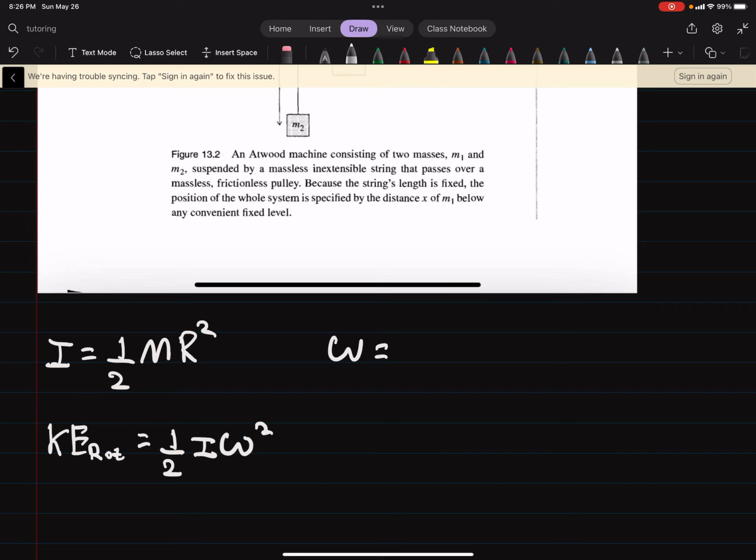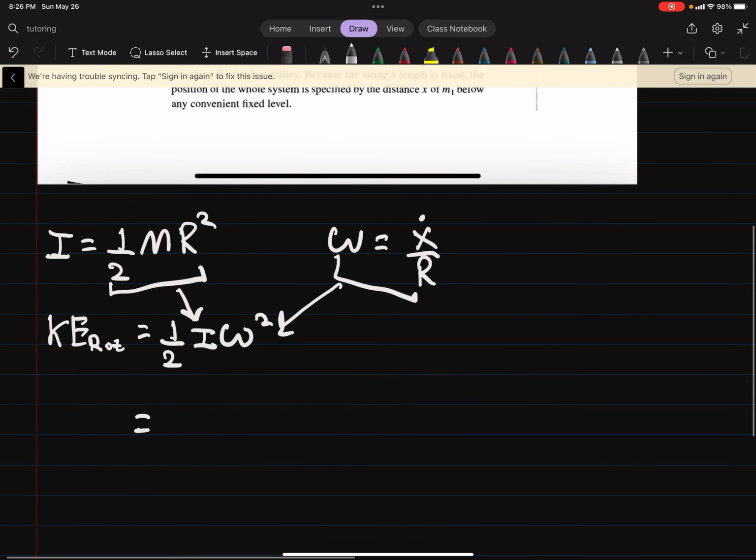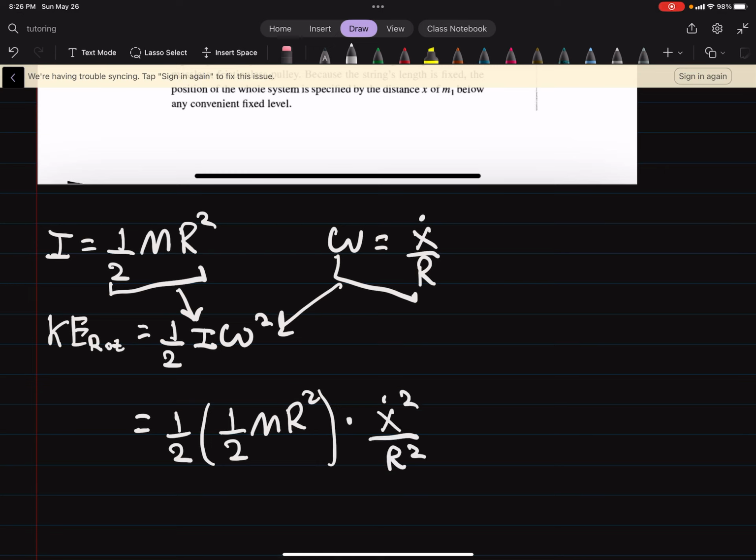And omega is just x dot over the radius, because that's your angular velocity. So we can substitute these two equations, and we get 1/2 times 1/2 mr squared times x dot squared over r squared. Obviously the r squareds cancel and you get 1/4 m x dot squared.